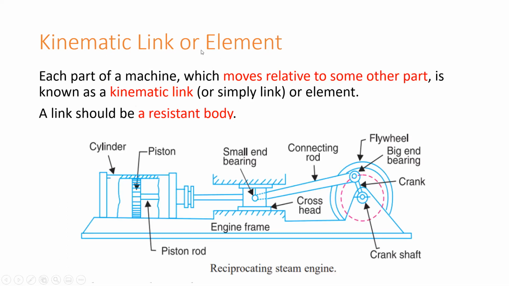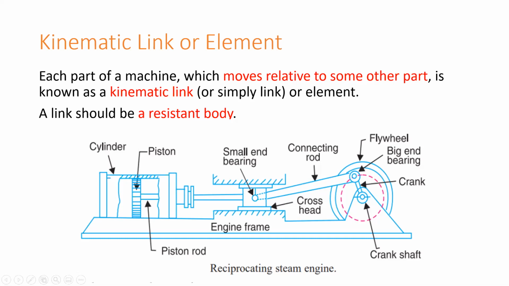So how do you separate two different links of any mechanism? On what basis will you say that these two are separate links of the mechanism and not one link? How is it defined?